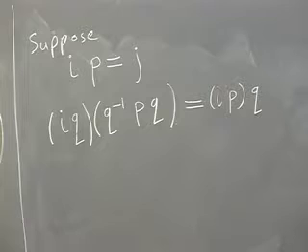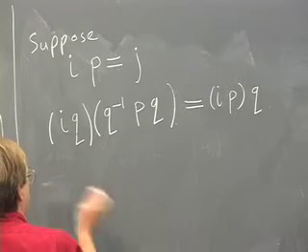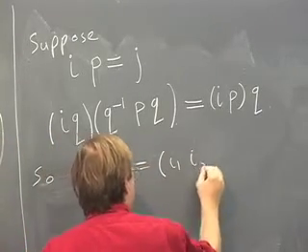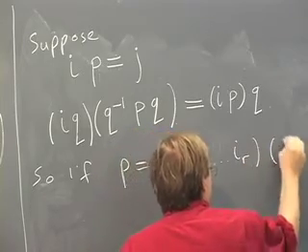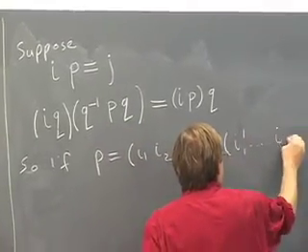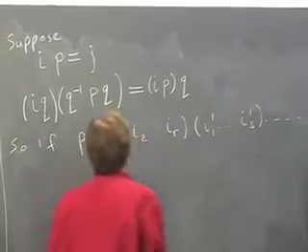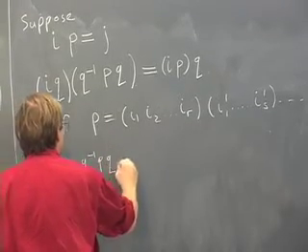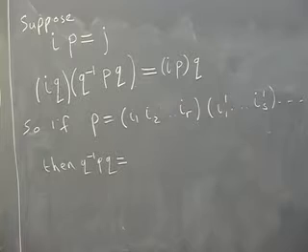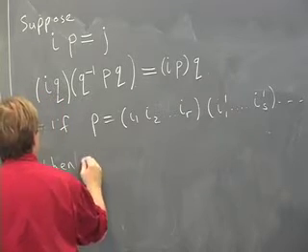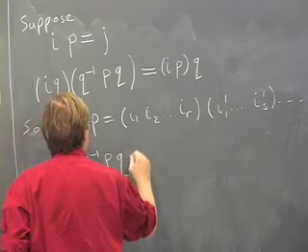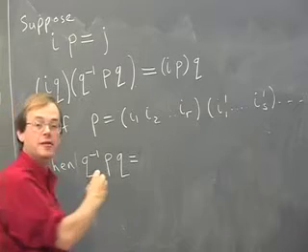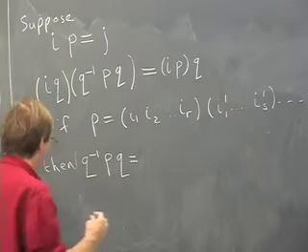And so if I have a cycle, so if P is of the form I1, I2, up to IR, then I1 primed up to IS primed, and then some more cycles, then what's the cycle shape of Q inverse PQ? Sorry? I1Q, I2Q. That's right.